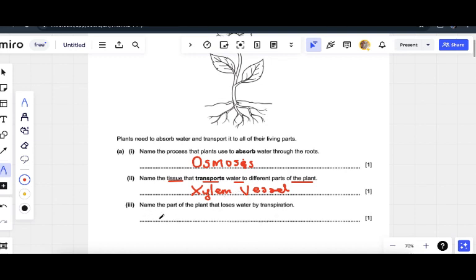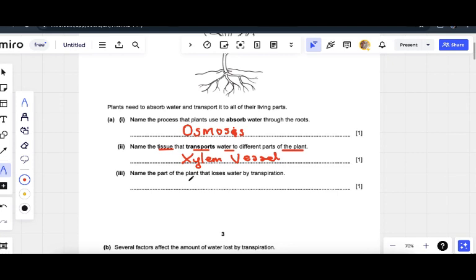Then we go to the next question. Name the part of the plant that loses water by transpiration. Actually, it's the leaf. But if you want to be more specific about which part of the leaf, then we can talk about the palisade. So we say the part of the plant that loses water through transpiration is the leaf.